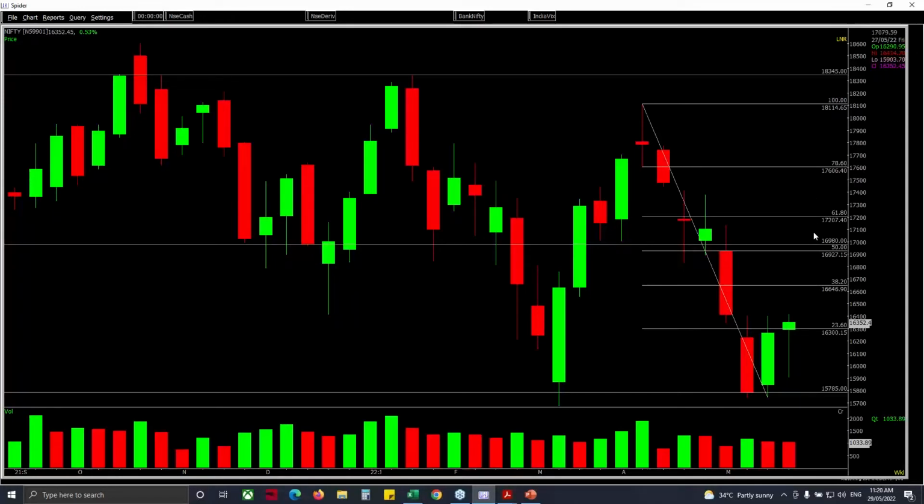So I would expect, as the range we had calculated on VIX was around 17,000, and our 61.8% retracement is around 17,007, and our support line is 16,980, which is coinciding.